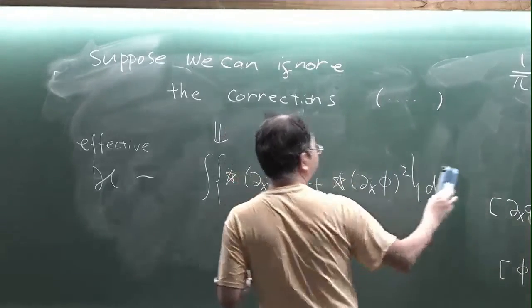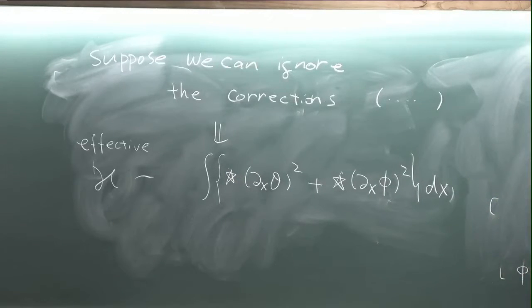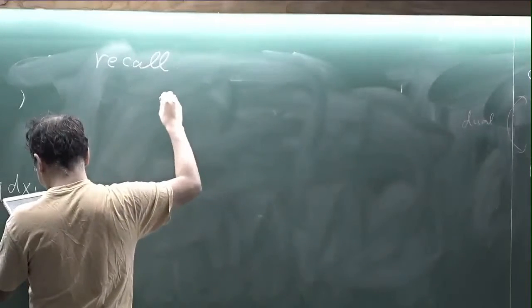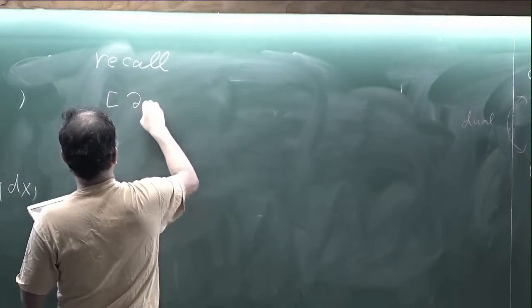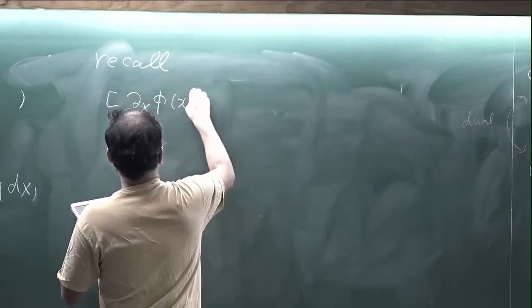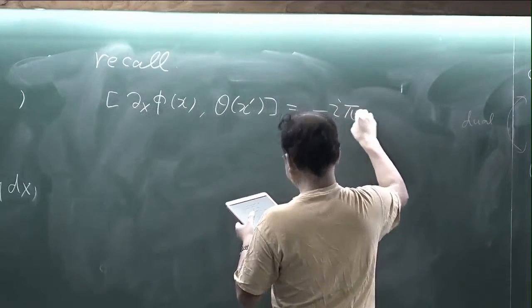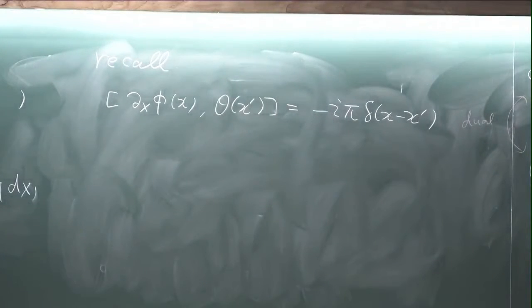So actually, you can recall the funny commutation relation that was, so we had a funny commutation relation between the derivative of phi and theta.